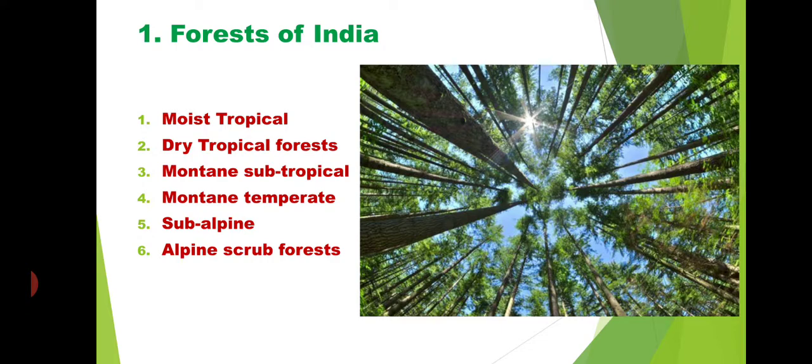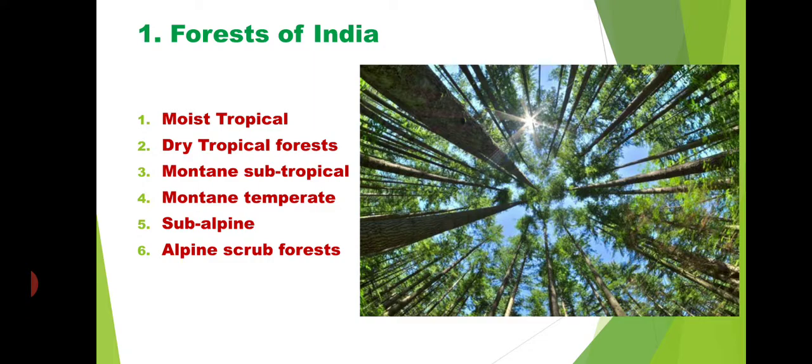When you are answering the question, you should write it fully, that is moist tropical forest, dry tropical forest, montane subtropical forest, montane temperate, subalpine, alpine. This is the order. First moist, then dry, then montane, which comes under two types, montane subtropical and montane temperate, then subalpine, alpine. Okay. So, what is the meaning of these, we are going to study in the next slides.